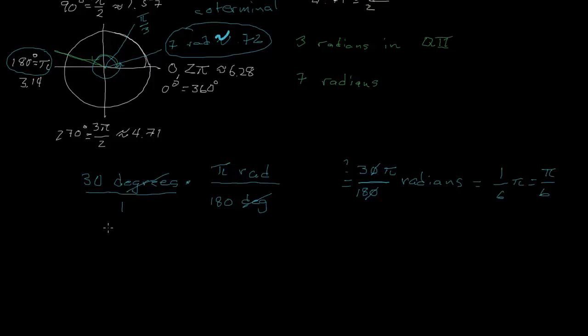Going the other direction, suppose I have 4 pi over 3. That's in radians, and I want to convert to degrees.